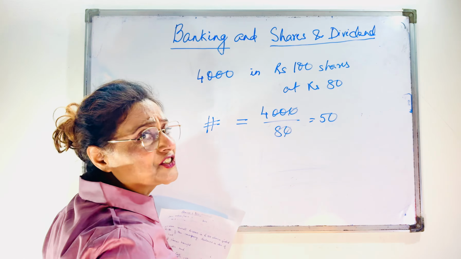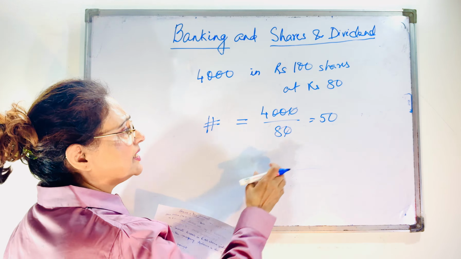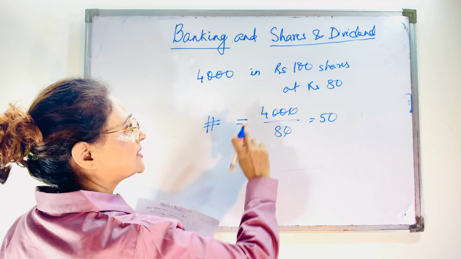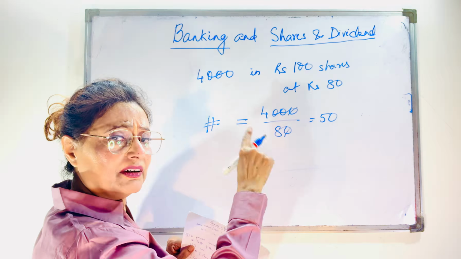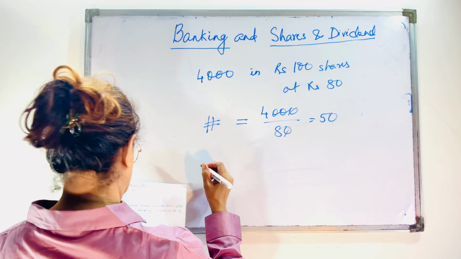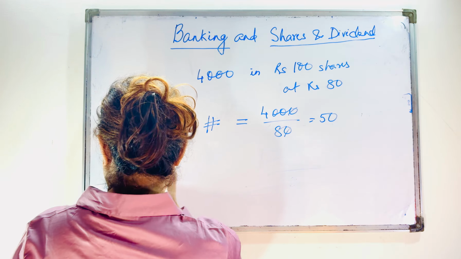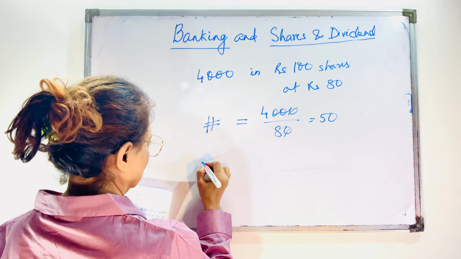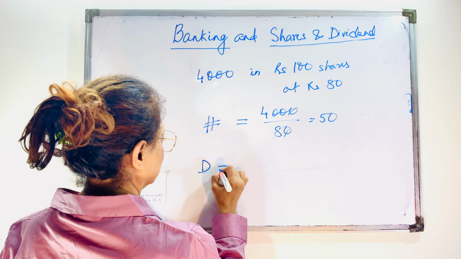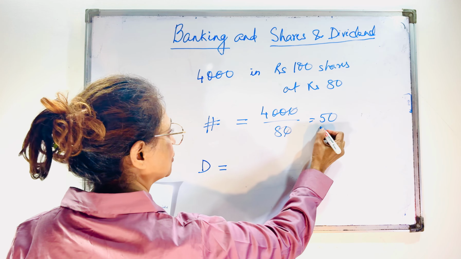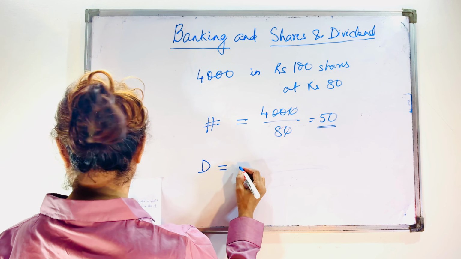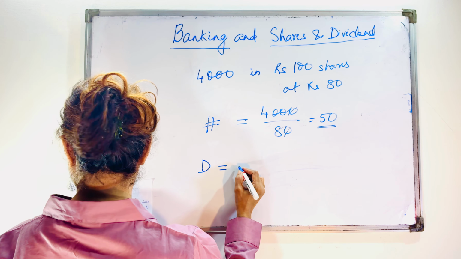So he bought 50 shares. Now the company says, okay, you got 50 shares. Our value was 100. We will give you dividend on that only. Company declares 12% dividend. So the dividend received by this man. Question was find number of shares and the dividend received. 12% of, company says you have 50. Our price was 100. So for us, the investment is this much. Got it?